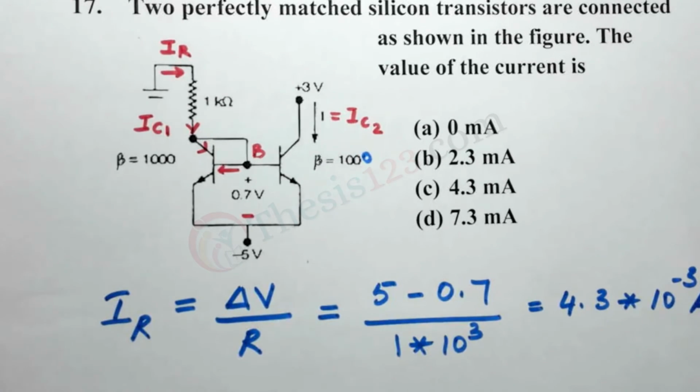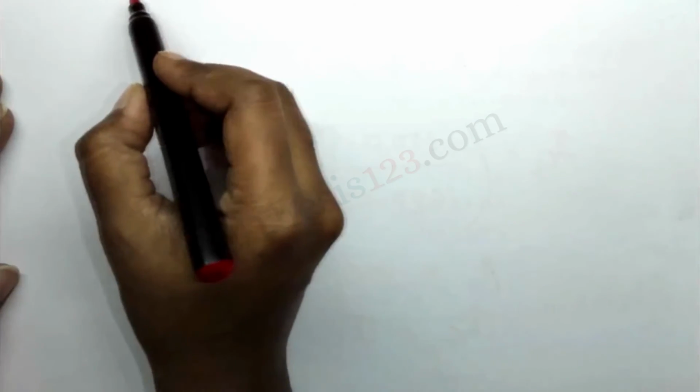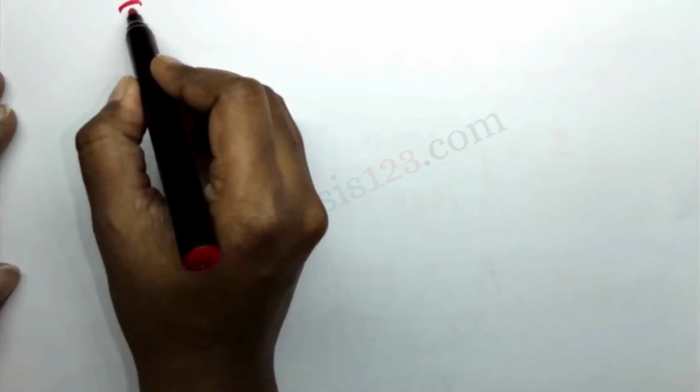Now, because we will have to calculate the current of the collector side of this transistor over here, let's use the following formula. Let me just grab another sheet of paper. Okay. So, to find the equation, we can write down the formula as IC1, that is what we need over here.